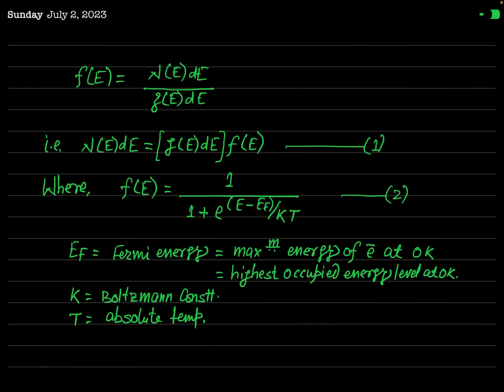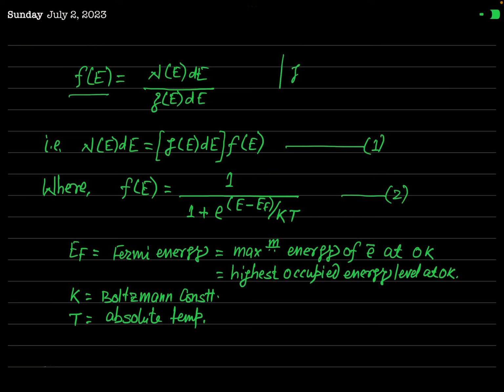So let us try to find the volume in the phase space corresponding to the energy between E and E plus dE. Okay. Now, as we have defined, this distribution function is actually the average number of fermions per quantum state. Let us see.